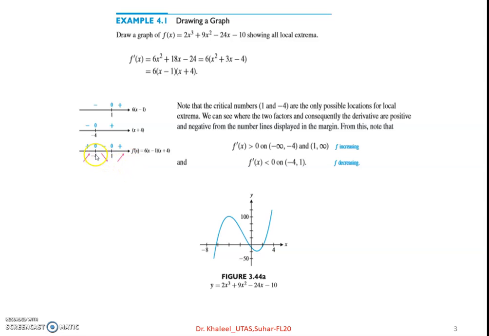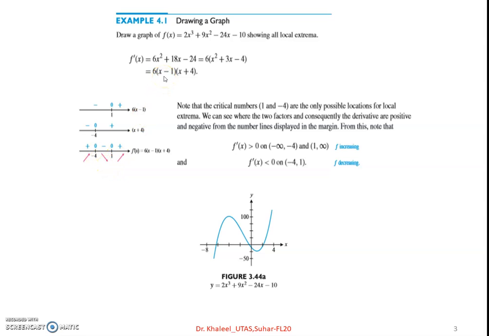Now you give any value less than minus 4, that is minus 5. When I put x equal to minus 5 in f prime, it is positive, because minus 5 minus 1 is minus 6, minus 5 plus 4 is minus 1, so minus times minus is plus. Then give any value greater than minus 4, say minus 3.